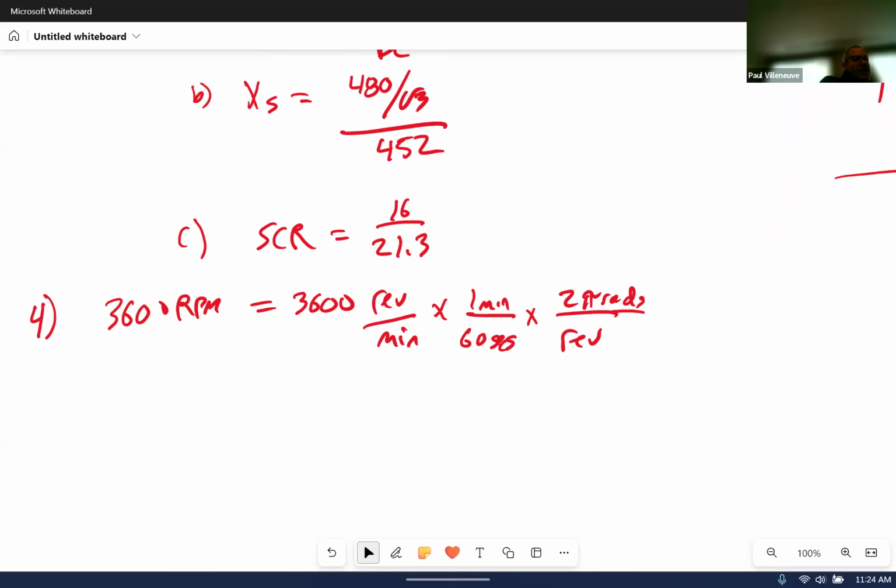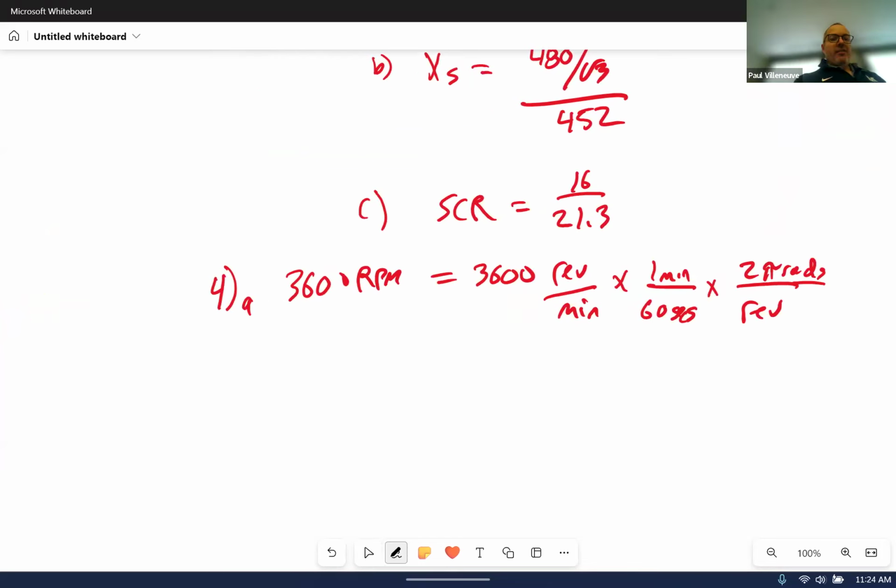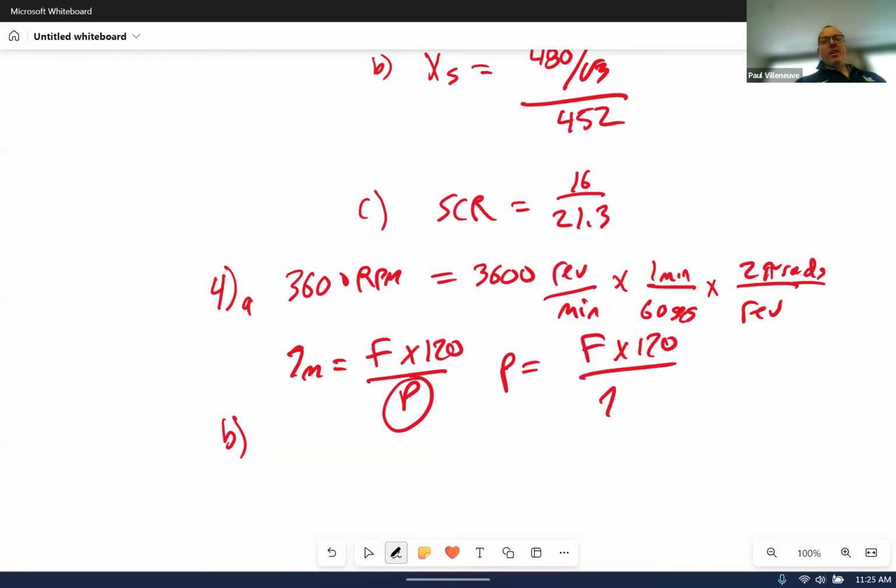And then the next part is, if the motor is connected to a 50 hertz system, what would be the new rotational speed? So this is part B. What you needed to do is figure out, okay, if it's operating at 60 hertz and I get 3,600 RPM, you know that my mechanical speed, or synchronous speed, is equal to your frequency times 120 divided by the number of poles. That allowed you to calculate P as your frequency times 120 divided by your speed of operation.